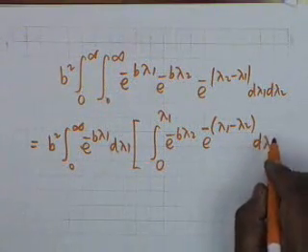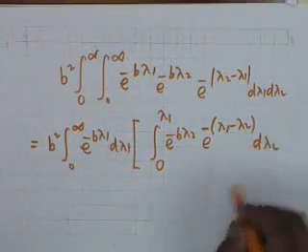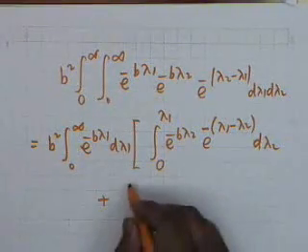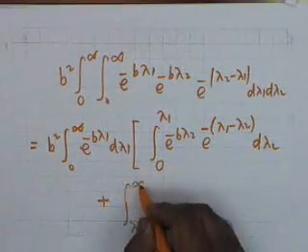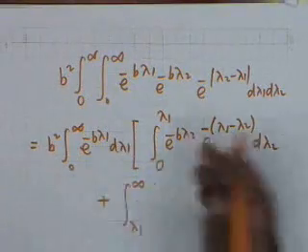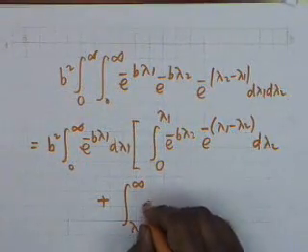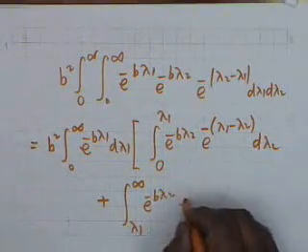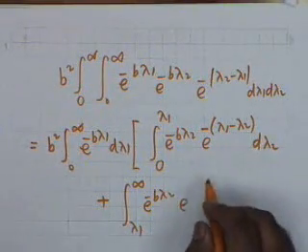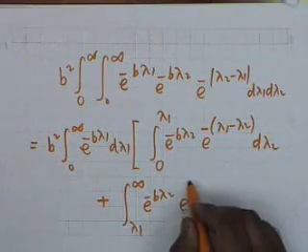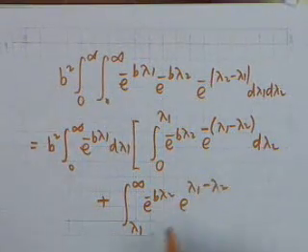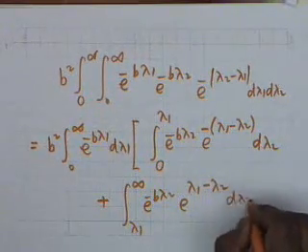This multiplied by d lambda 2, plus the integral from lambda 1 to infinity. This is the point of the whole problem. This is where people falter. And the other is the same thing, e to the minus b lambda 2. Now you shall have e to the lambda 1 minus lambda 2 d lambda 2.